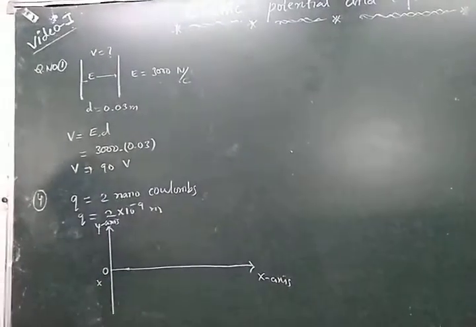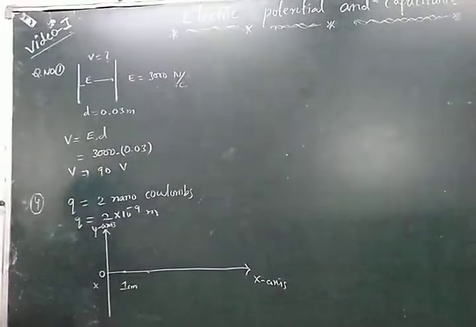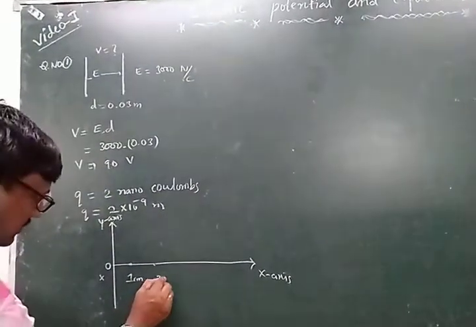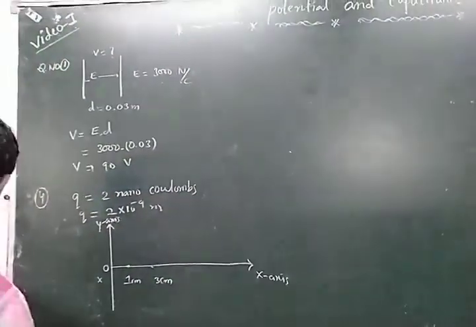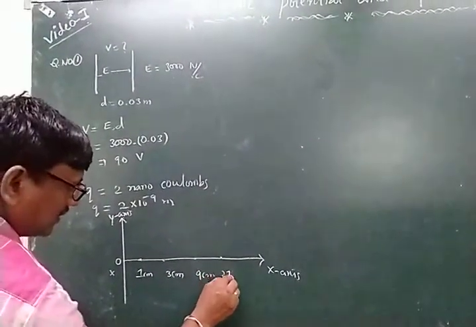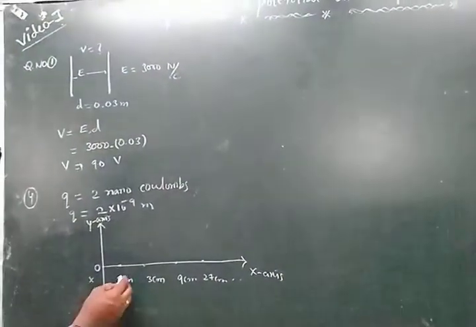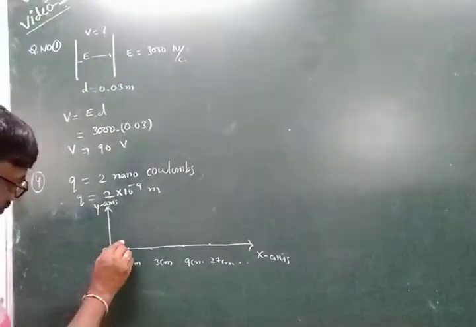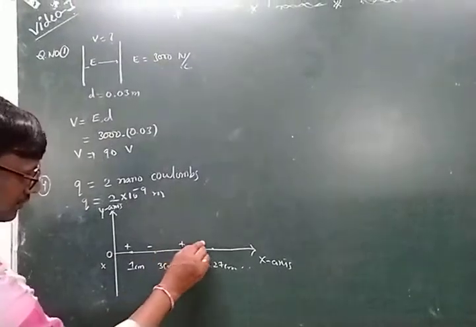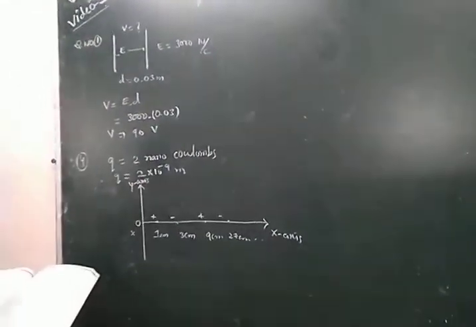After that x is 1 centimeter, next 3 centimeters, next 9 centimeters, and 27 centimeters, and so on. The charges alternate in sign: positive, negative, positive, negative.